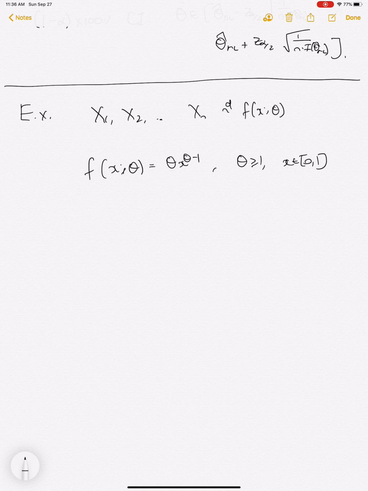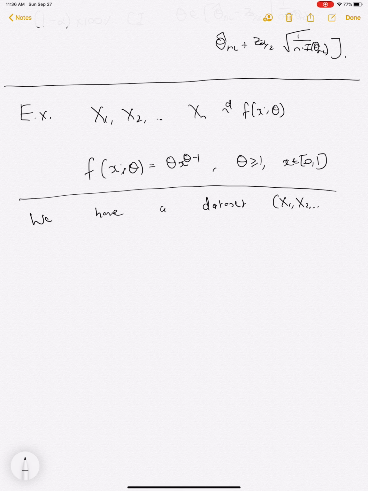Okay, and so we have a data set x1, x2 up to xn, where n equals 100 and the sum of the logs is negative 150.